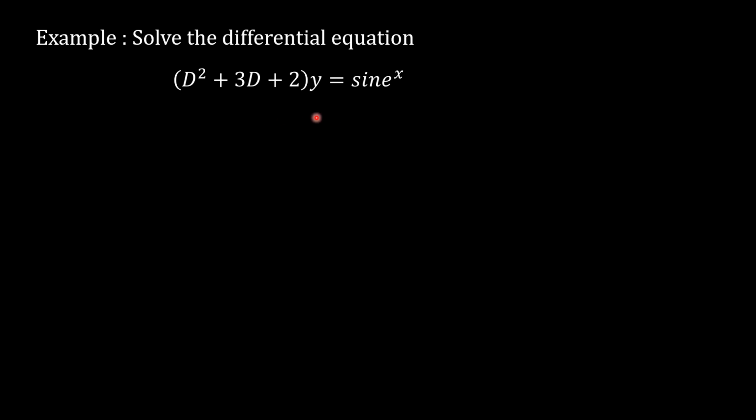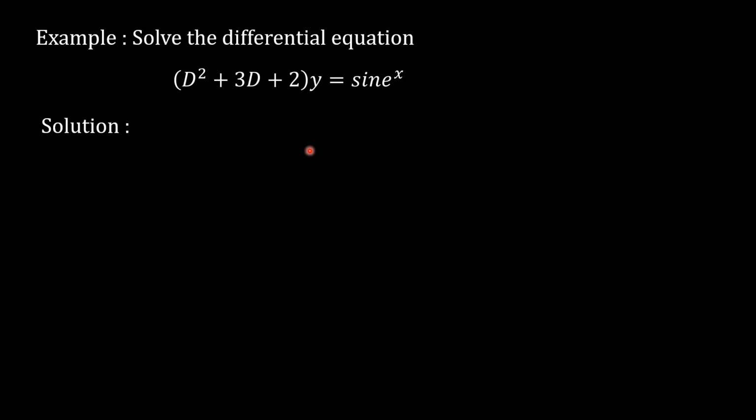Now we want to obtain the general solution to this non-homogeneous differential equation. We know that for a non-homogeneous linear differential equation, its solution is given by y equal to complementary function plus particular integral. So let us see the solution.